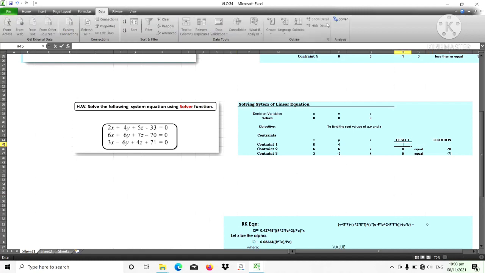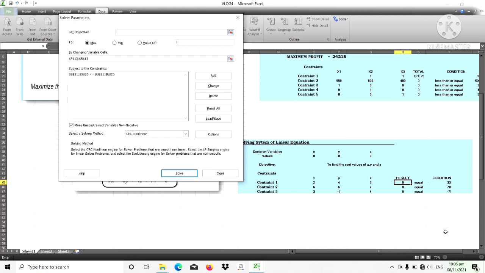So for this one, we would like to use Solver to find the condition to be equal. So our objective in this problem is to find the condition to be equal.